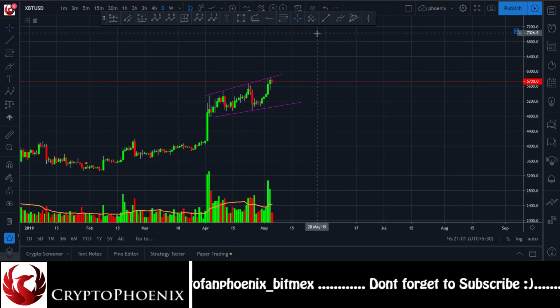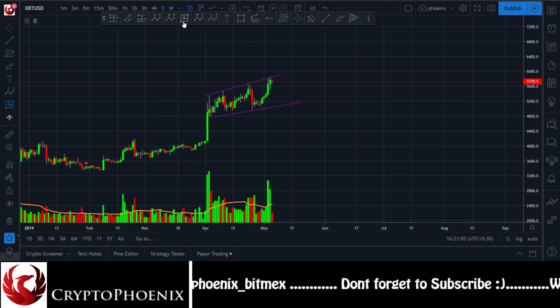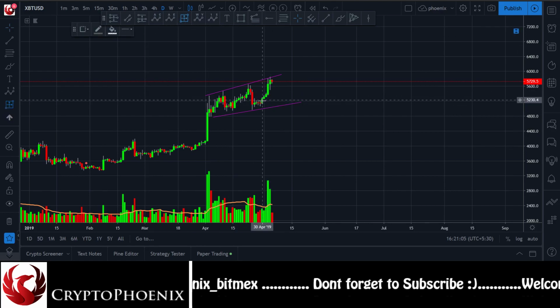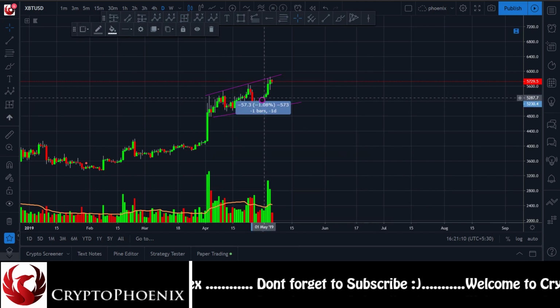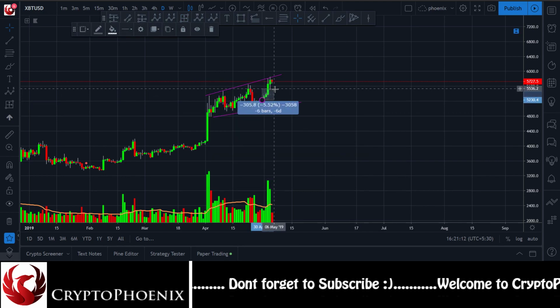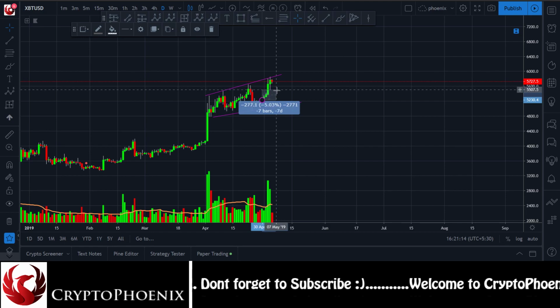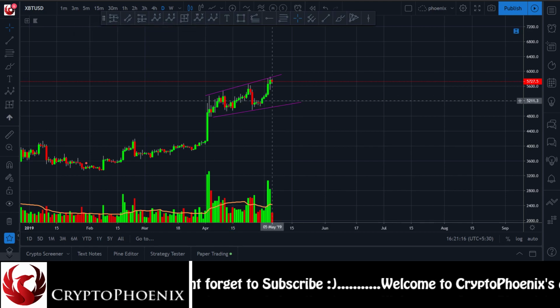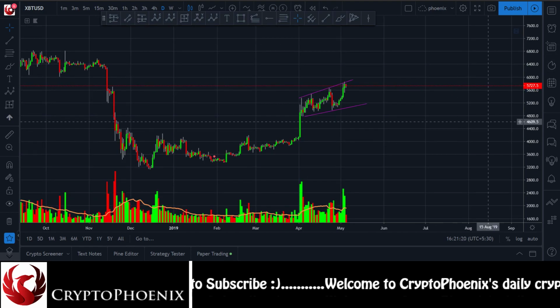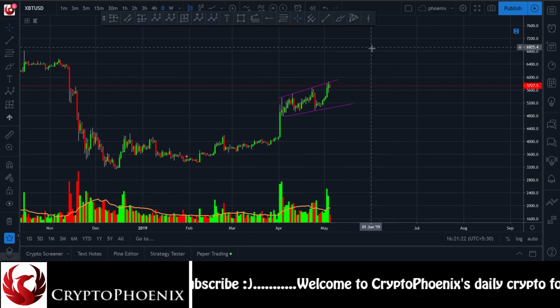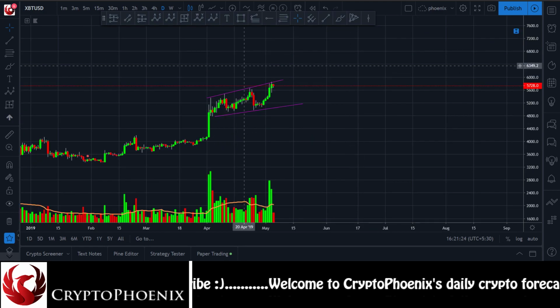So if you traded from 5300 up to 5500, the gain should be some 4 to 5%. And if you leveraged 10 times, that can be a 50% gain. That was one of my trades which I mentioned in the group.